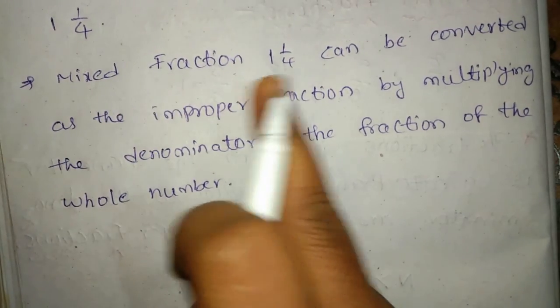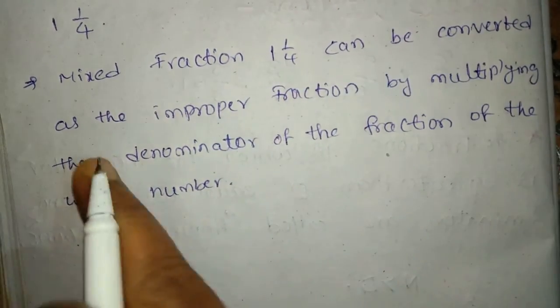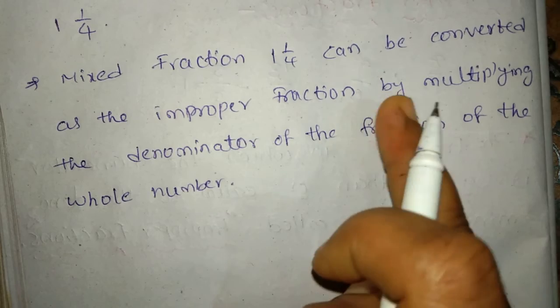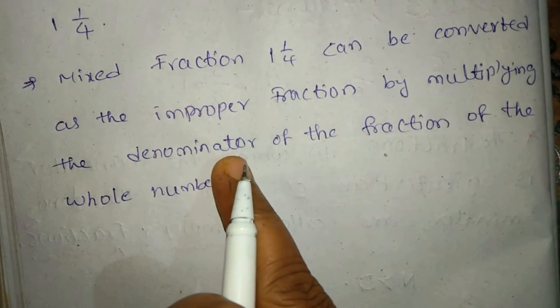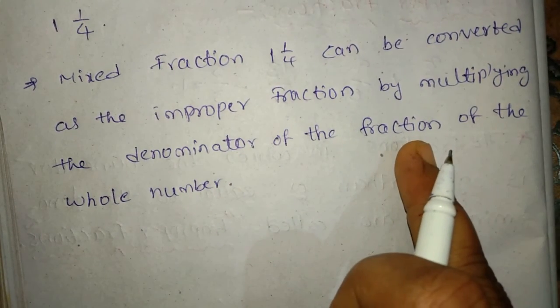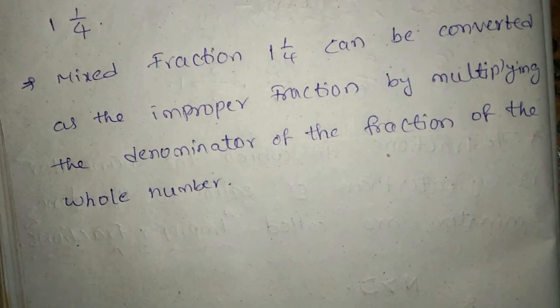Now, the mixed fraction 1 and 1 by 4 can be converted into an improper fraction by multiplying the denominator of the fraction with the whole number.